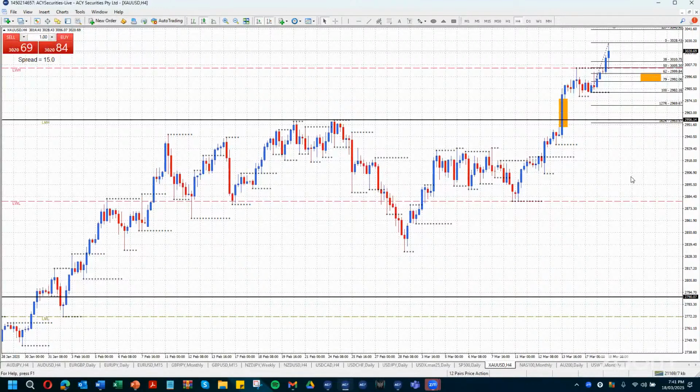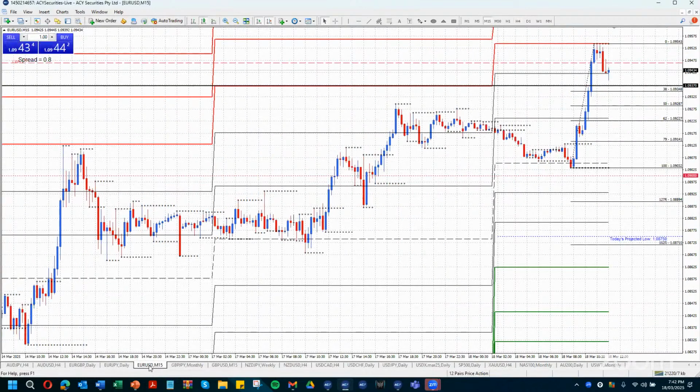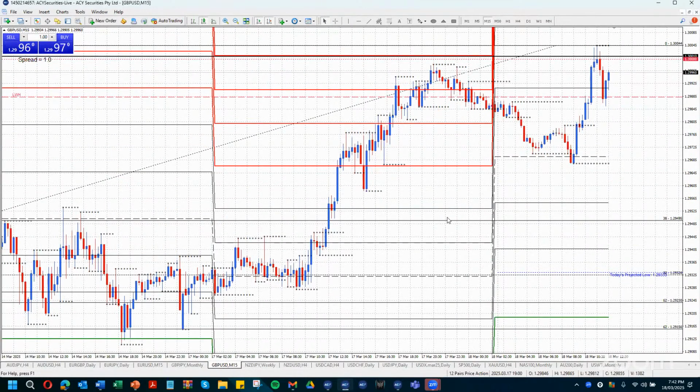All right, so it is a bit difficult at the moment. Lots of things are at the tops of their moves when we're looking at pairs to the US dollar, and you want to buy a dip, even if it's just an intraday dip to central pivot points on pairs to the US dollar. Not much of a dip happening at the moment on the euro. Same with the pound. So we've already been to the central pivot points. There's always a best time of the day, and I think we've missed the best time of the day.